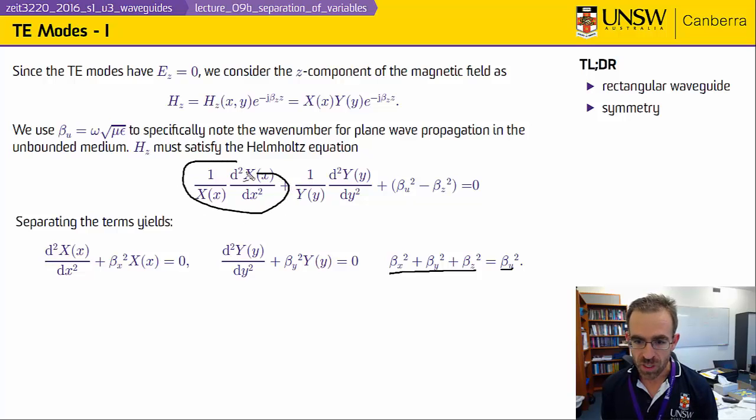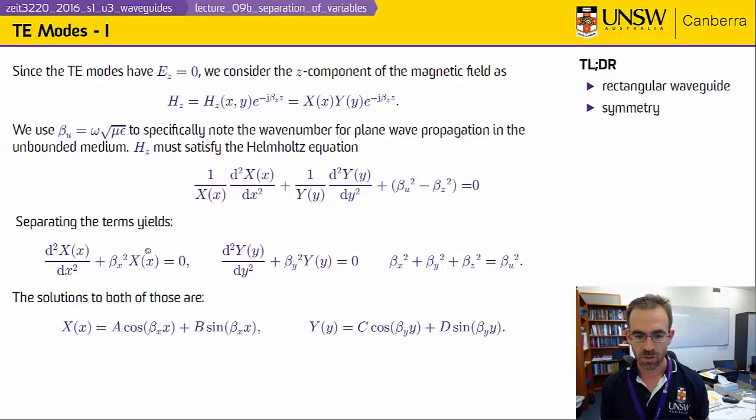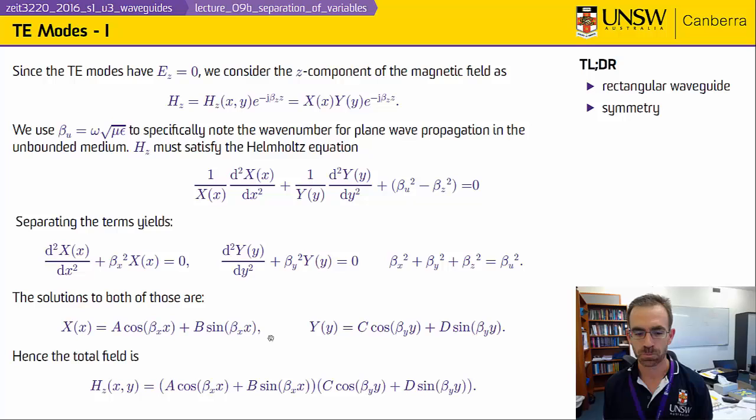We said this bit here was equal to beta x squared, this bit here was equal to beta y squared, and this bit here then gives us our separation condition. Now these are equations that we're very familiar with, and we can write the solution as a cosine plus b sine for the function X, c cosine plus d sine for the function Y. They have beta sub x and beta sub y, and we're going to solve for these coefficients and these betas in the upcoming slides.